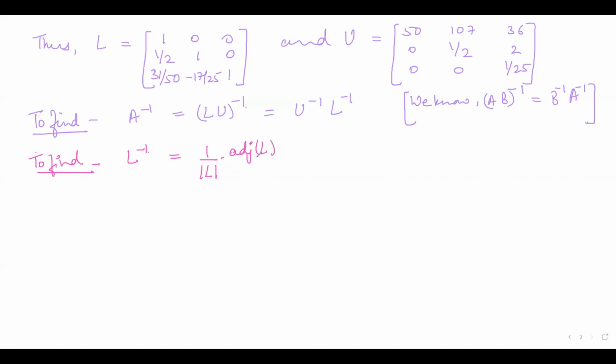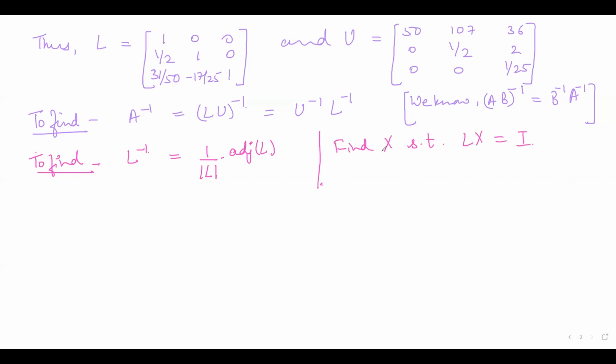This is the very easy method, I would say. In school times we used to find out the inverse using this proper formula. I'll tell you another way to find out the L inverse. So what would that be? Either using this, or L inverse can be found by finding x such that L into x is equal to I. So this x is nothing but your L inverse.